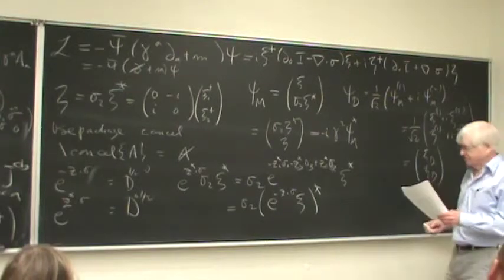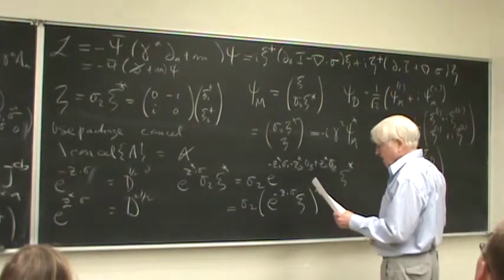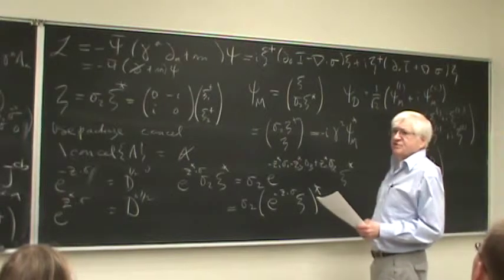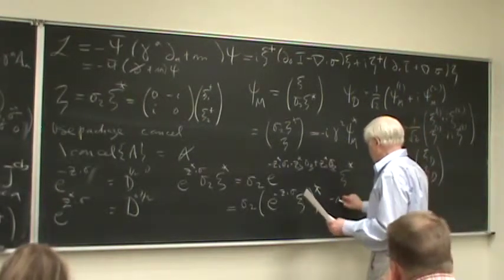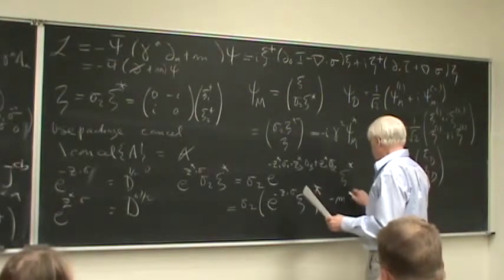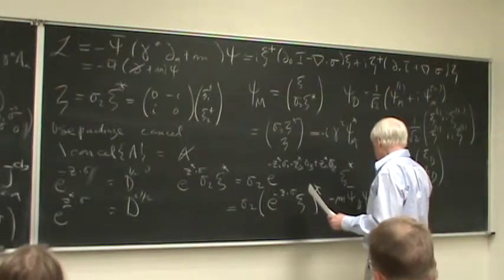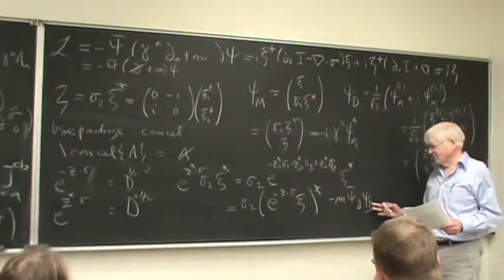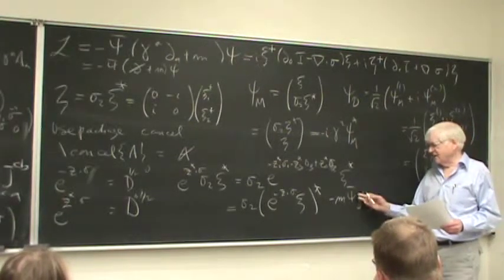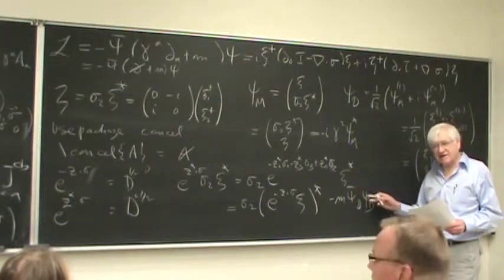Now, what is the Dirac mass term? Let me show you. The Dirac mass term is psi bar Dirac psi Dirac. And it looks nice and simple until you realize that this isn't psi dagger psi.